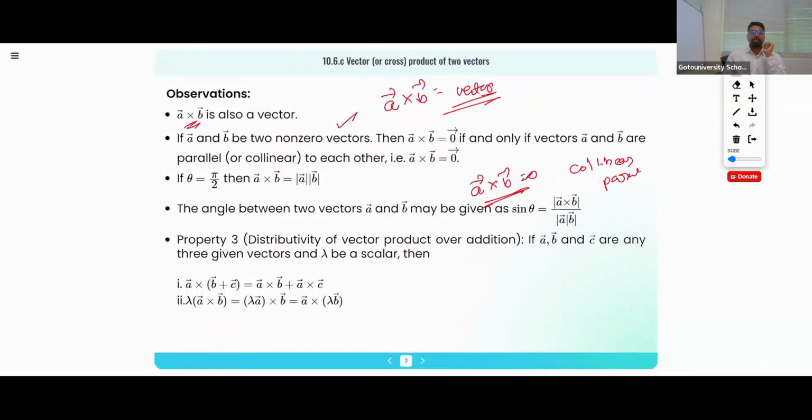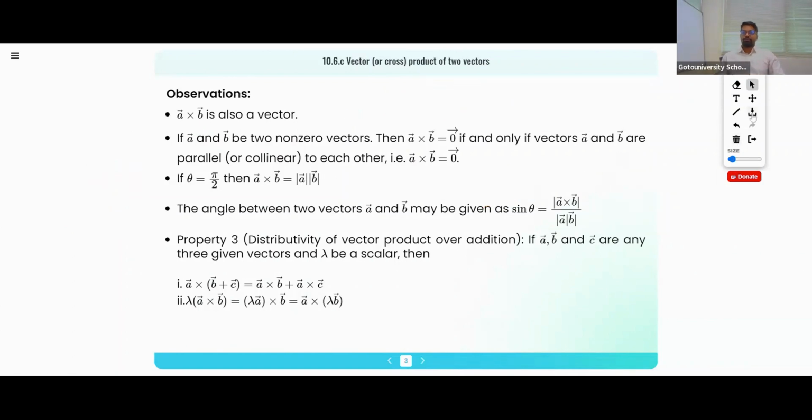That is because if theta is 0 or 180, or any multiple of pi, then only it will become 0. In case of dot product, the product of the two vectors is 0 if they are perpendicular to each other. In case of a cross product, the product of the two vectors is 0 only if they are collinear with each other.